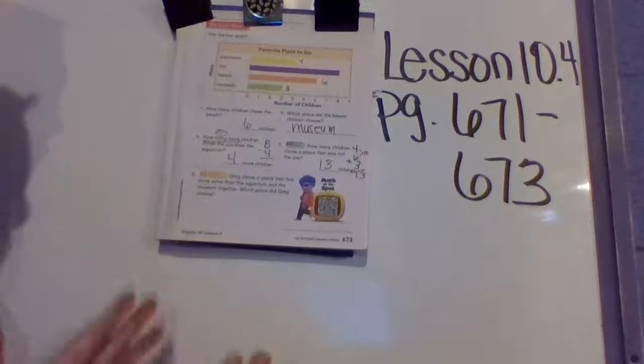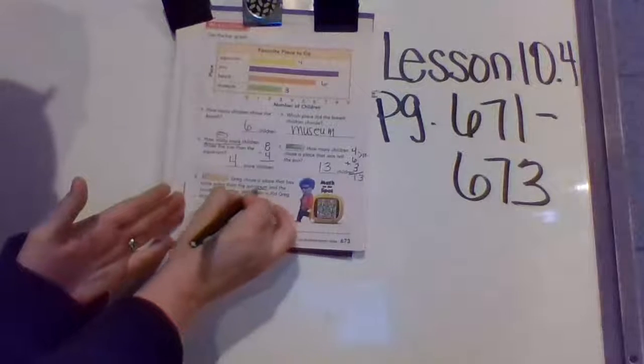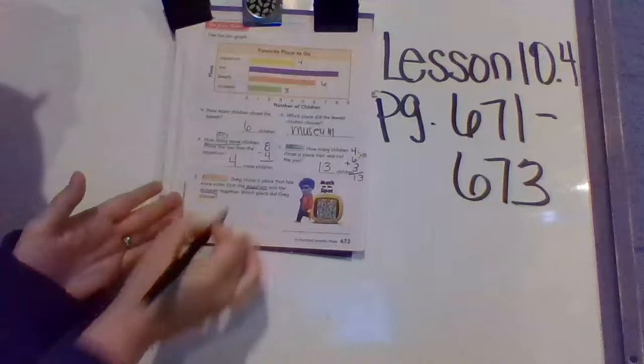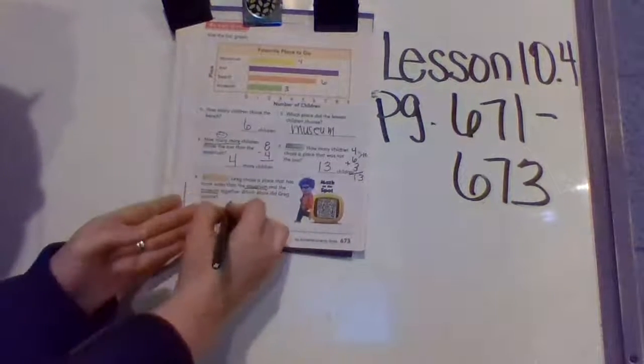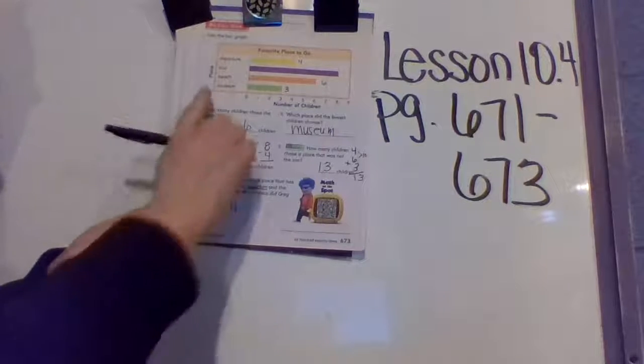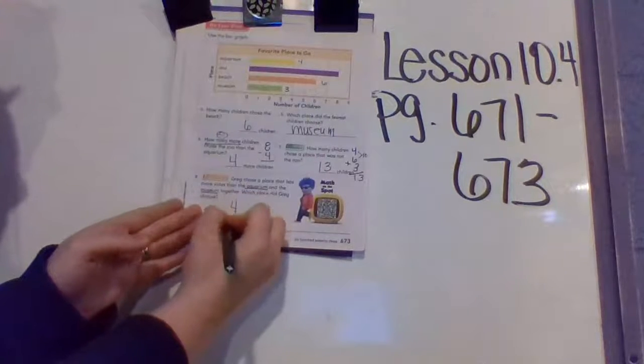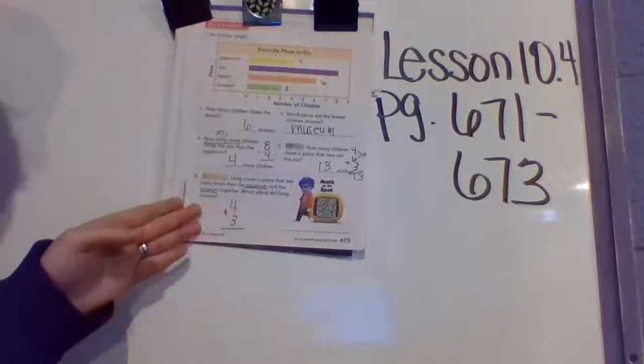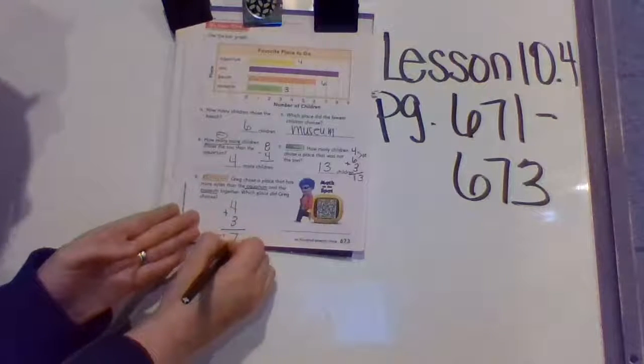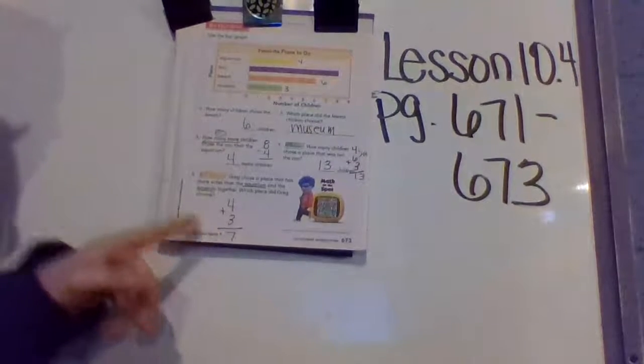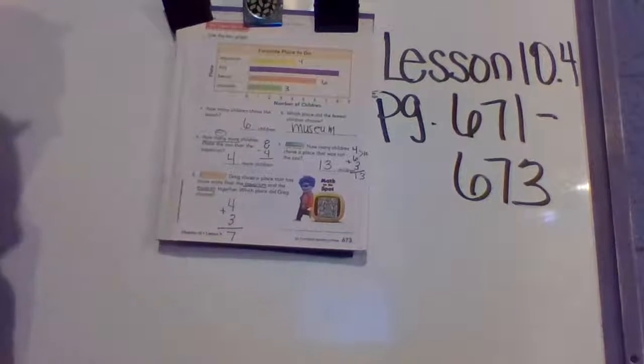All right, so the clue words there were aquarium and museum. So the aquarium had 4 and the museum had 3. So we have to add up those 2 numbers together, and that equals 7. So 7 total children either voted for the aquarium or the museum.